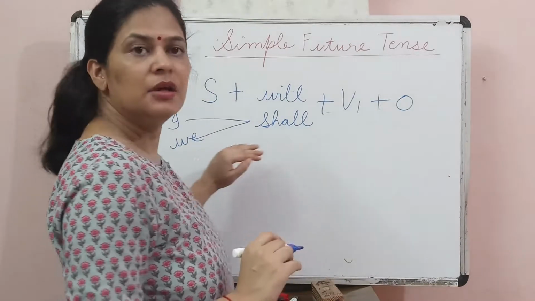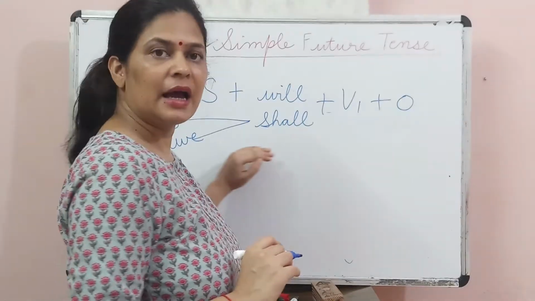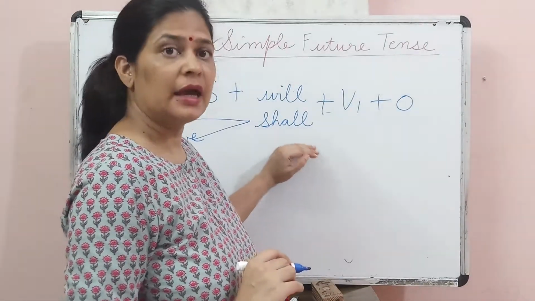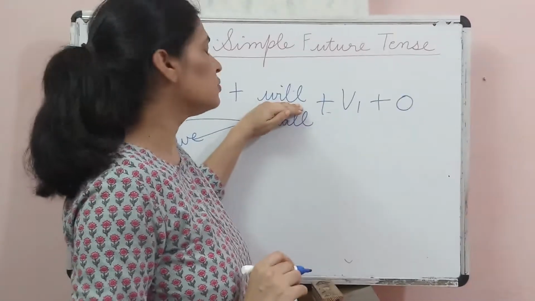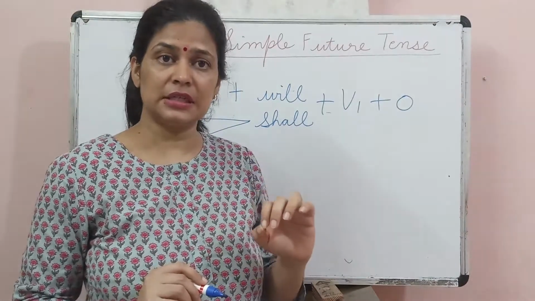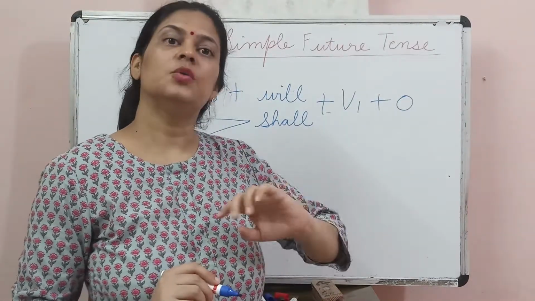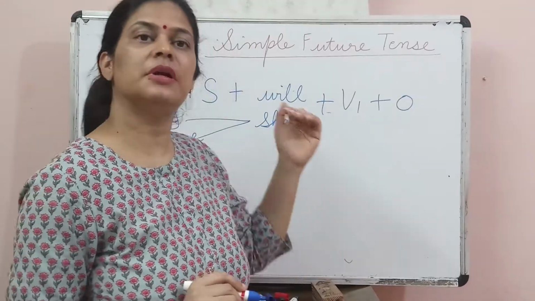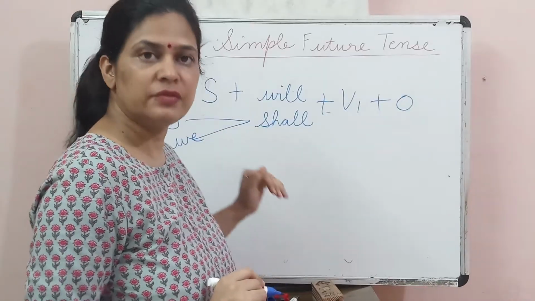Normally it is I shall and we shall, and for all the others we use will. But if the sentence displays determination, we exchange both of them. It becomes I will and we will.